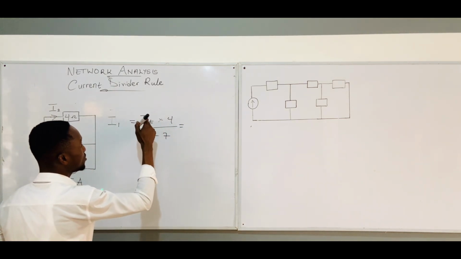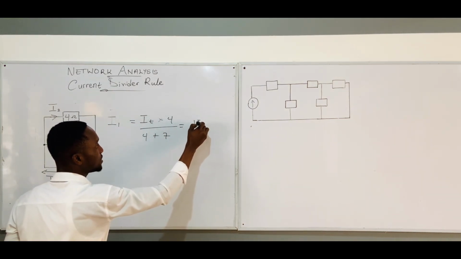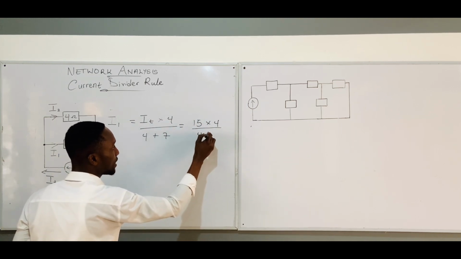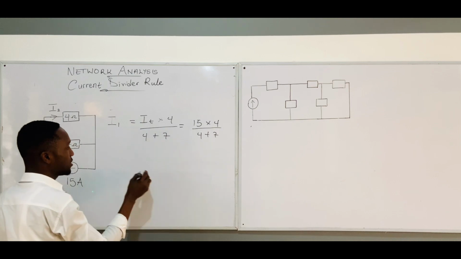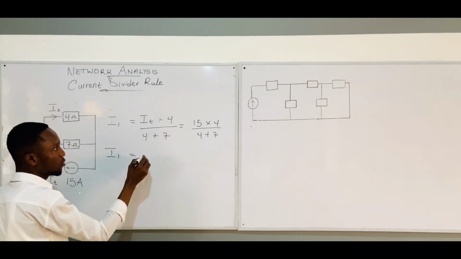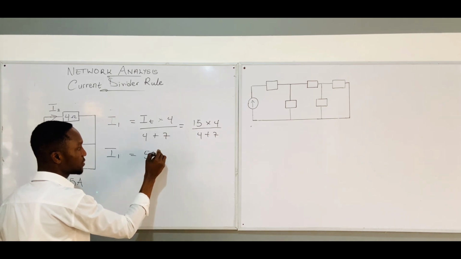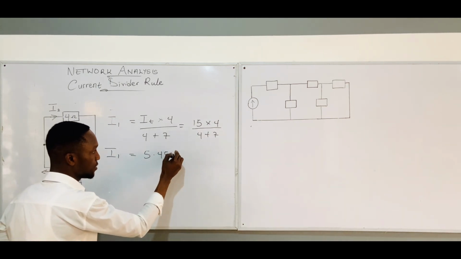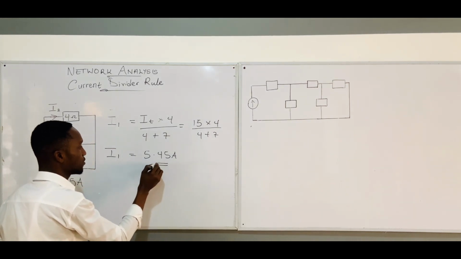Now we know IT to be 15, so 15 times 4, all divided by 4 plus 7. Now when you punch this on the calculator, we have I1 equals 5.45 when you round to 2 decimal places.